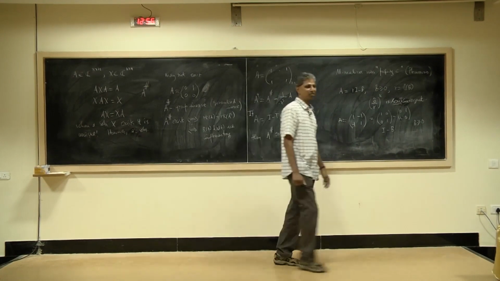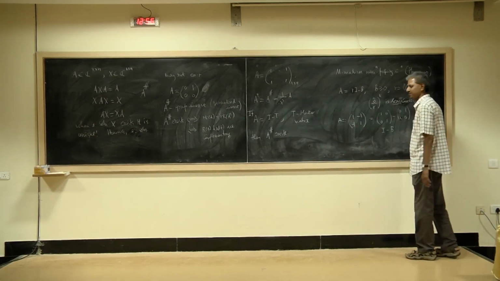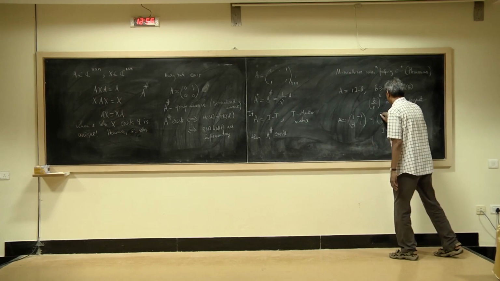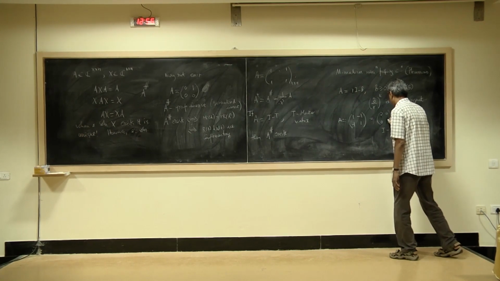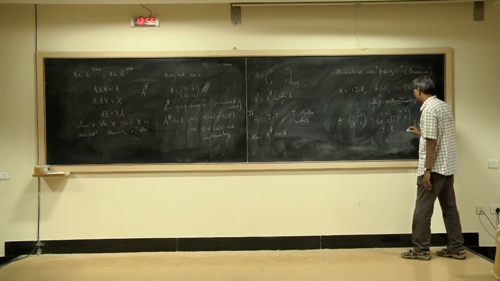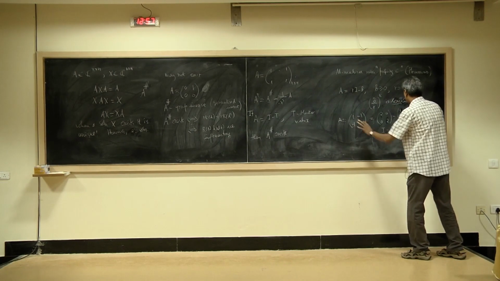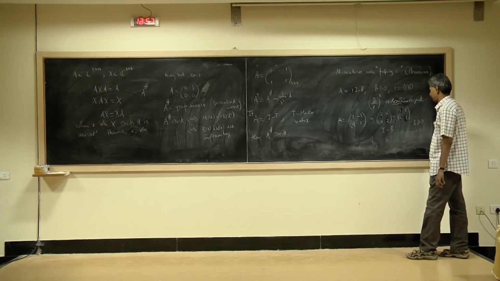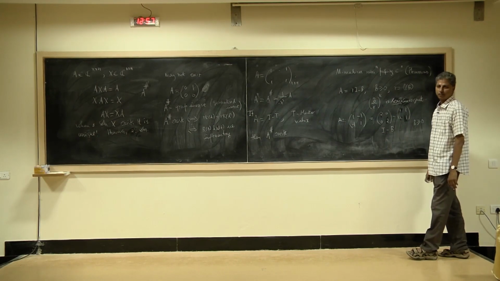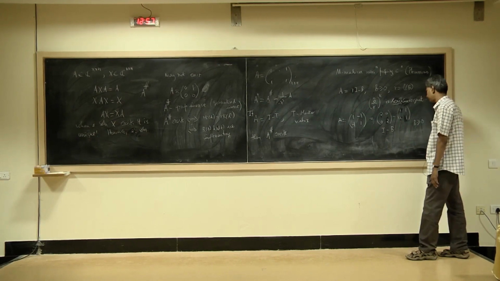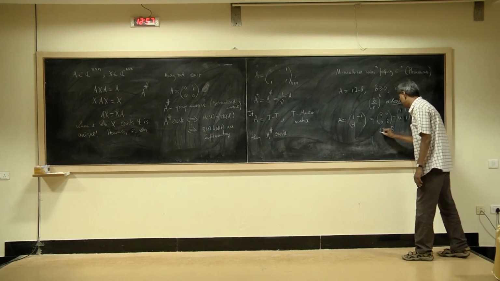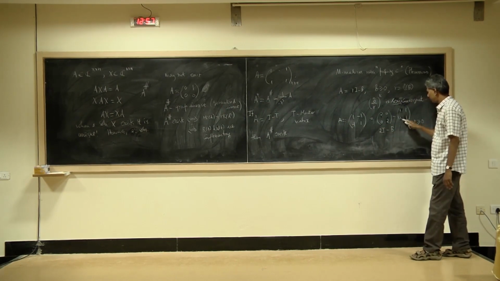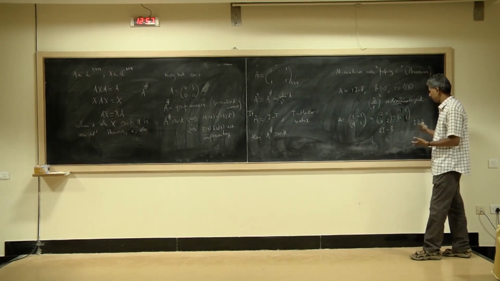Then [2 0; 0 2] minus [1 1; 1 1]. Yeah, this representation will work. 2 times identity, 2 is an eigenvalue. 2 and 0 are the eigenvalues.